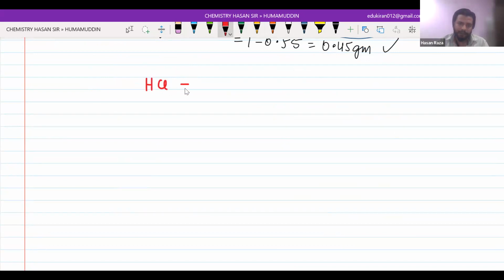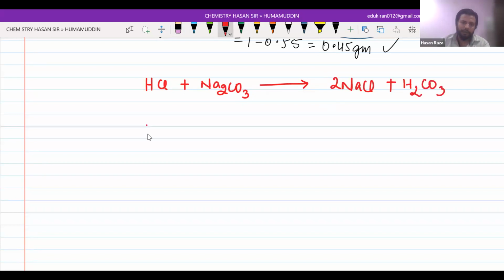You will get 2 NaCl plus H2CO3. And if you react this HCl with NaHCO3, you'll be getting NaCl along with H2CO3.